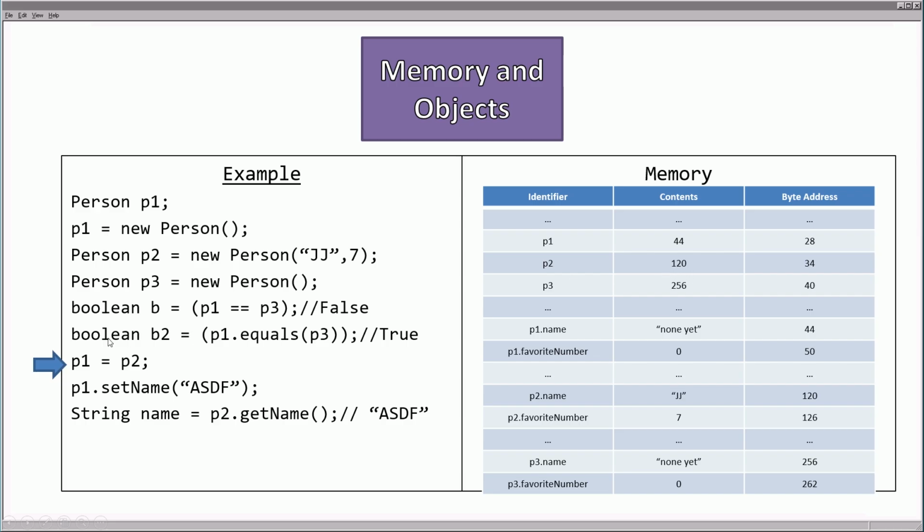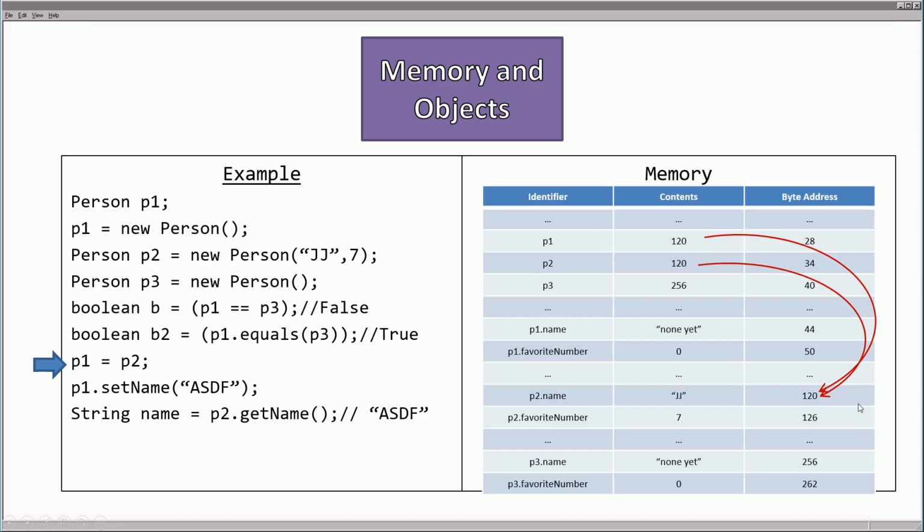When we set P1 is assigned to P2, what happens is P1 becomes 120. Thus, P1 references this object now. And alongside that, P2 also references the exact same object in memory. It didn't clone it. We just have two different identifiers referring to the same thing.